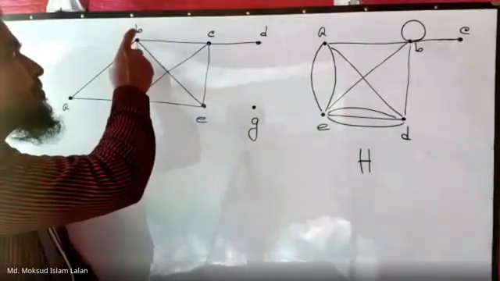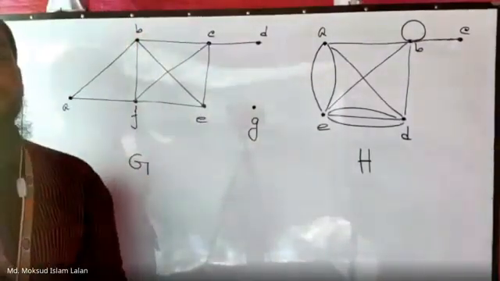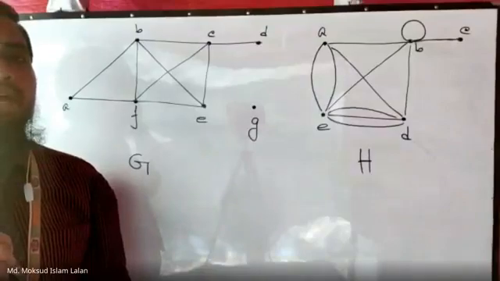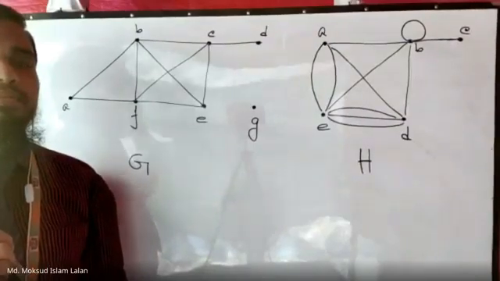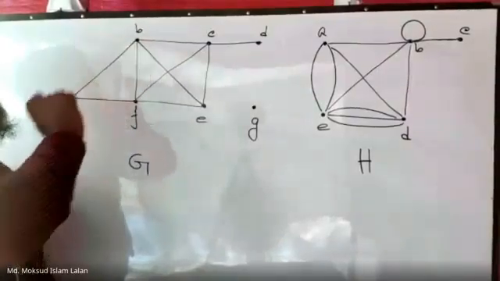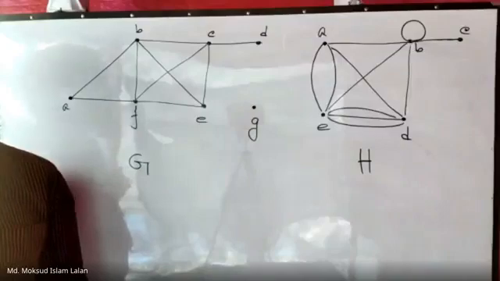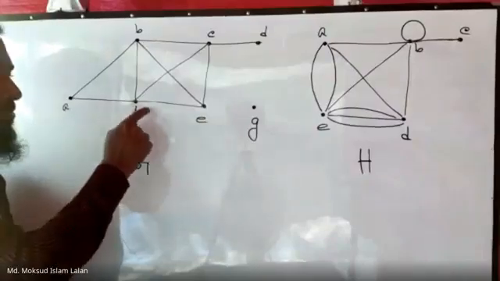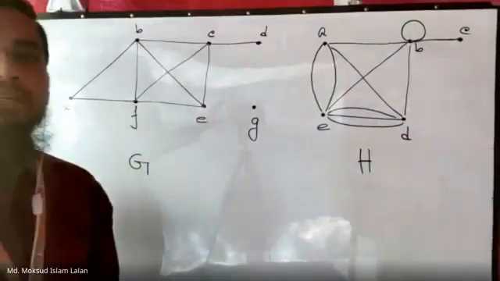You can say B and C are adjacent vertices. Right? We can say A and B are adjacent vertices. We can also say F and E, F and E are also adjacent vertices.